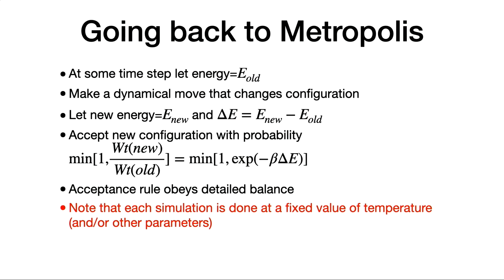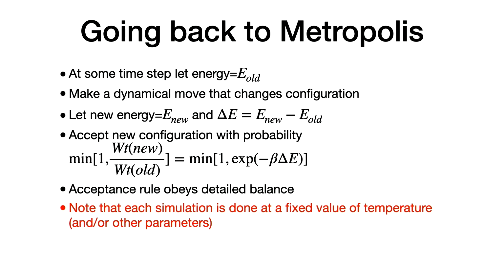So this was our Metropolis rule. We are now going to discuss some other simulation technique for equilibrium static problems. But for that, let me go through the Metropolis rule one more time. I had energy E old, and a new configuration with energy E new, and the difference in energy is E new minus E old.